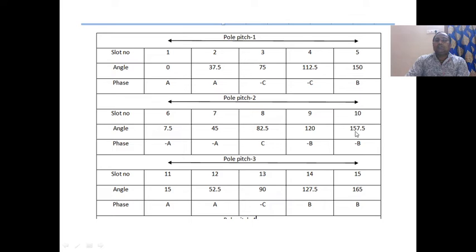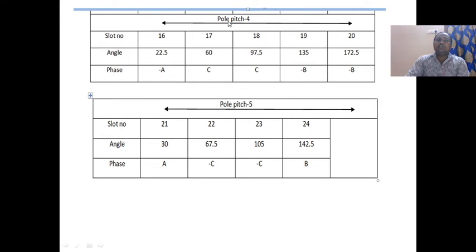Next one, pole pitch 3. 157.5 plus 37.5 is 195. So 195 exceeds 180, so definitely they have 15 electrical degrees. 15 plus 37.5 is 52.5. In a similar manner, we write pole pitch 3 also.